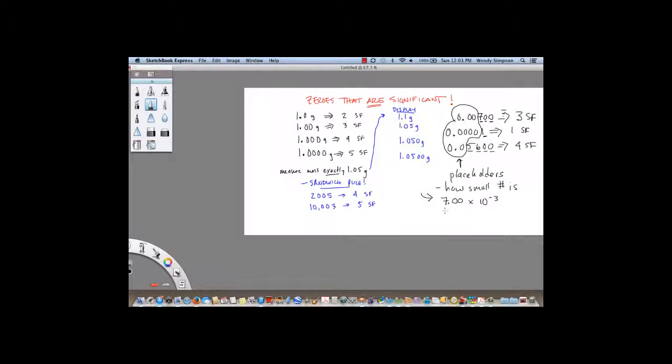The next example can be rewritten as 1 times 10 to the minus fifth power. And the third example can be written as 5.600 times 10 to the minus 2 power. So remember, we have to keep the zeros that were significant in the original number, but we just get rid of the placeholders.